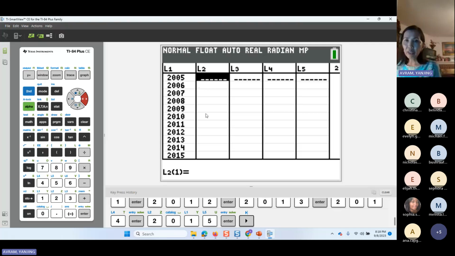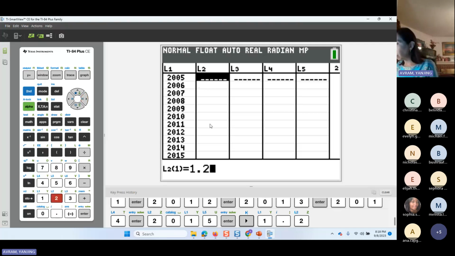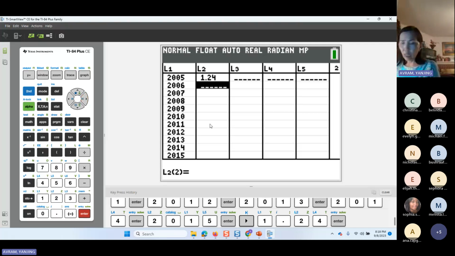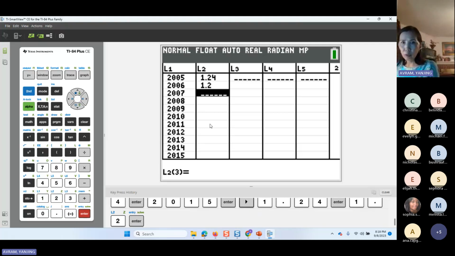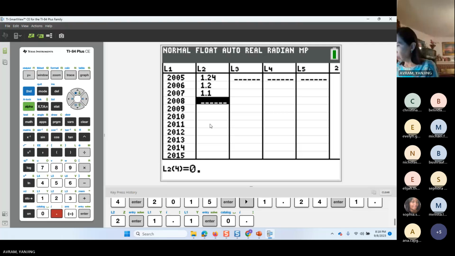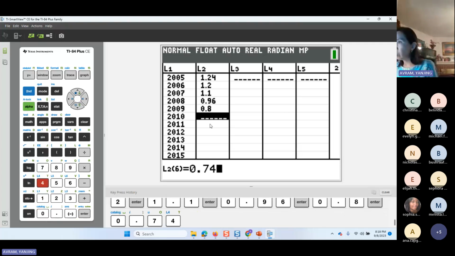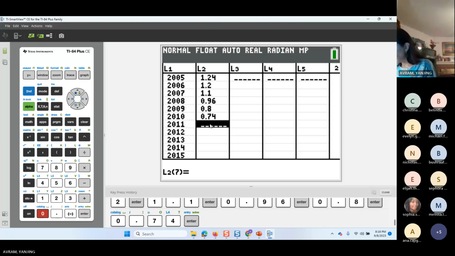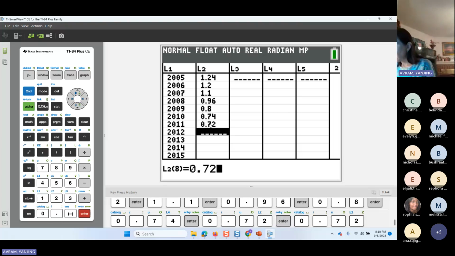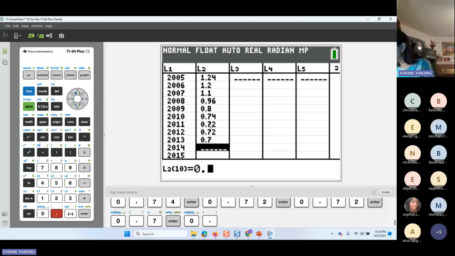This is the vehicle theft. So that's 1.24, and then 1.2, 1, 0.96, 0.8, 0.74, 0.72.